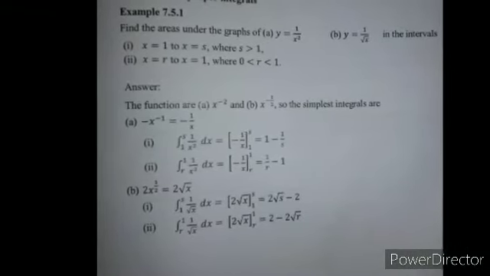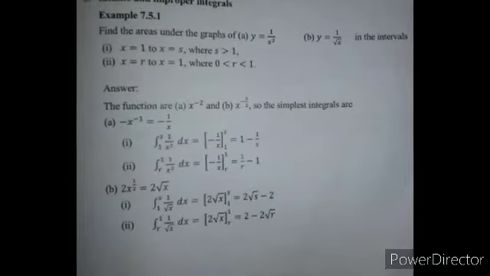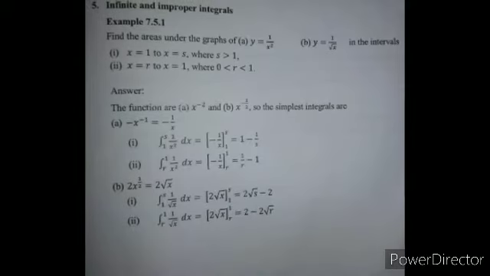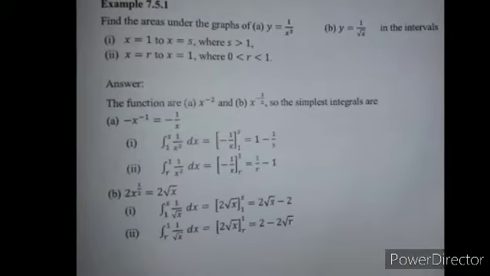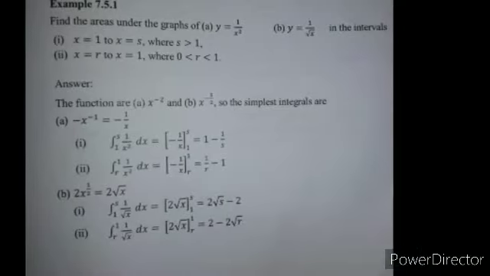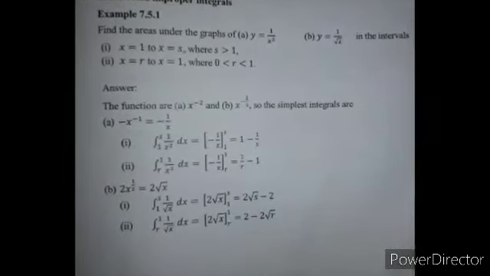Answer. The functions are ax to the power of minus 2 and bx to the power of minus half. So the simplest integrals are: a, minus x to the power of minus 1 equals minus 1 over x.